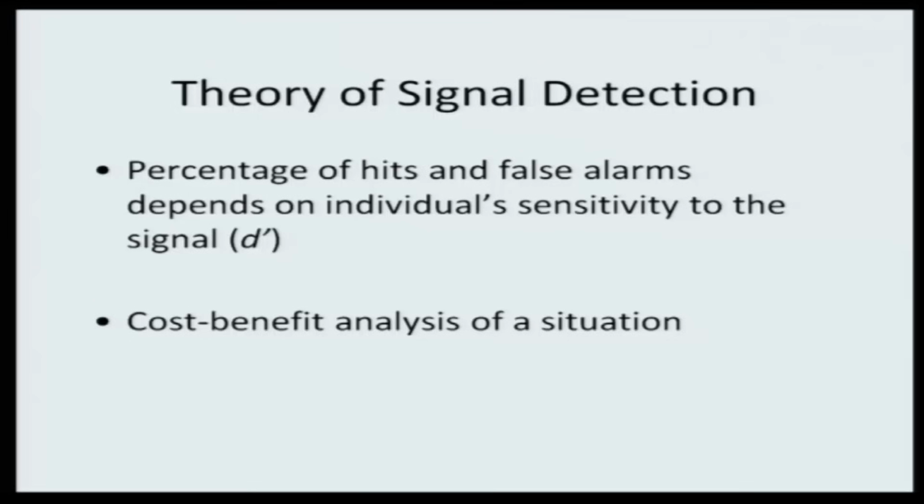But besides the strength of the signal, what is also important is how sensitive I am as an operator. And that would be dependent on the cost benefit analysis. What would be the cost benefit analysis? I am rewarded, or I am punished, for the response that I elicit. Therefore, cost benefit analysis will always play an important role.